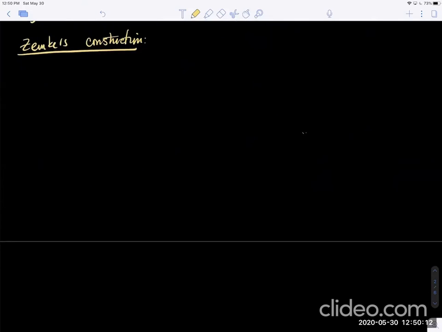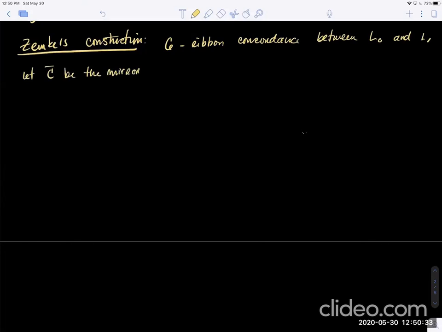If we start with some ribbon concordance C between L0 and L1, then we let C bar be the mirror of C. This is just basically saying take C and flip it upside down. So this is a concordance, not necessarily ribbon, but certainly a concordance from L1 to L0.